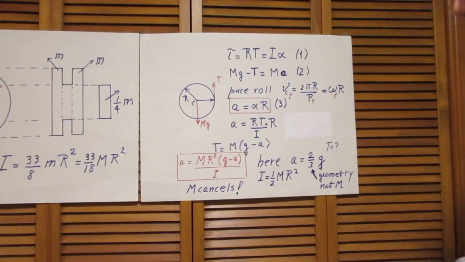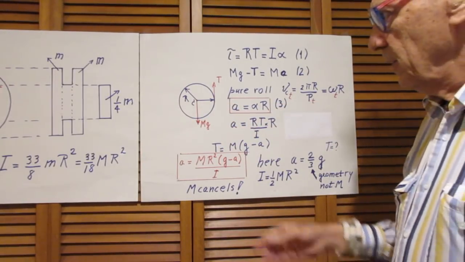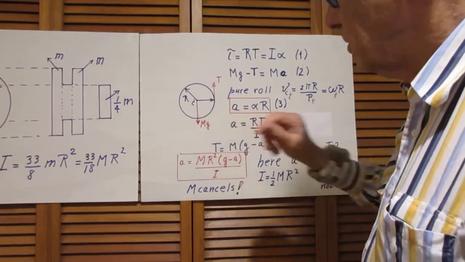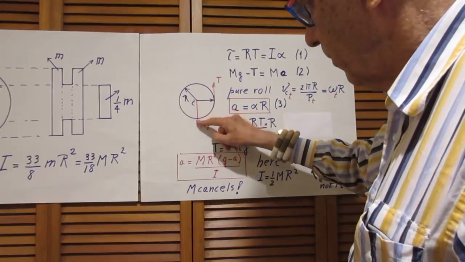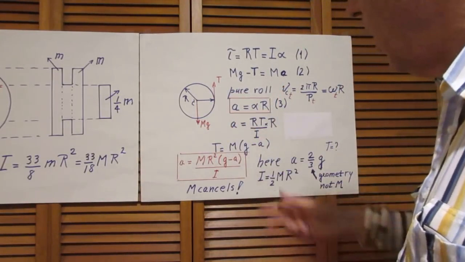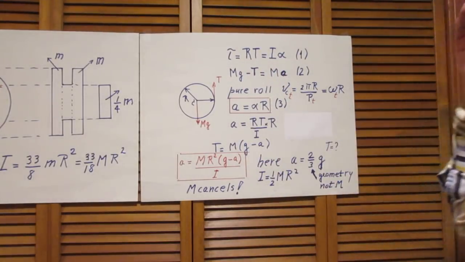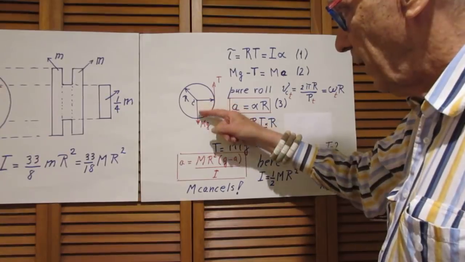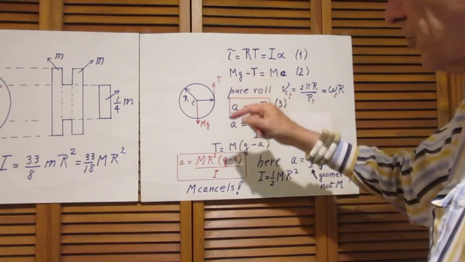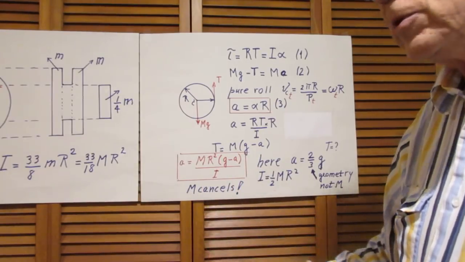The only force down is gravity. At the center of this disk, we can represent this by a force down, capital Mg. There are no other forces. There is only the tension up and Mg down. And Mg down must be larger than capital T, otherwise it would never go down, of course.